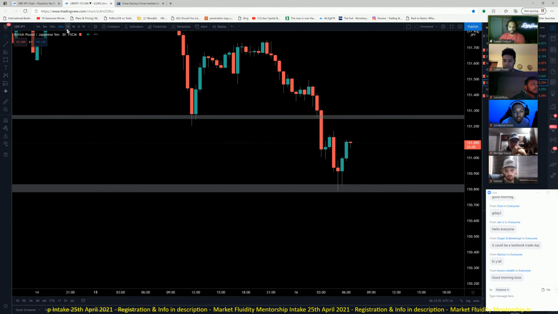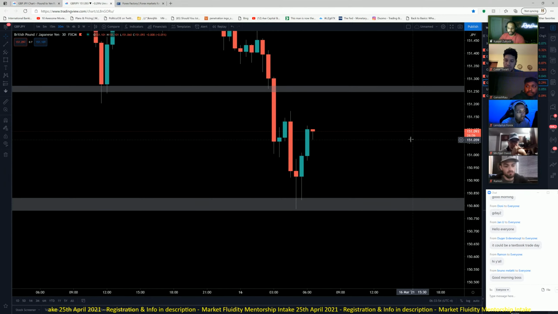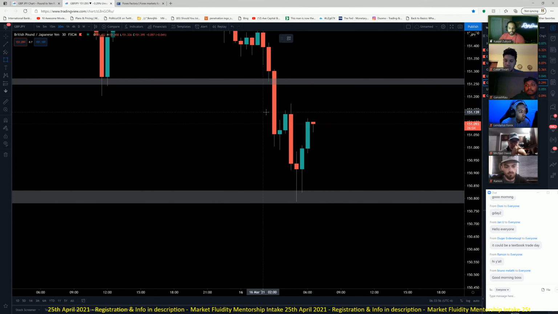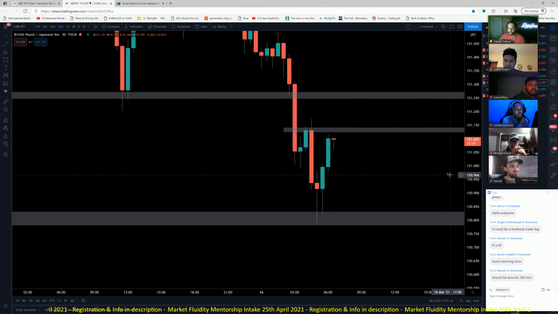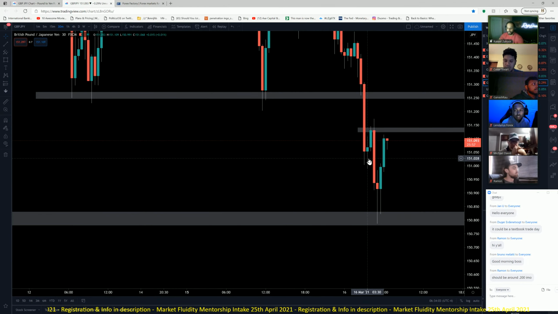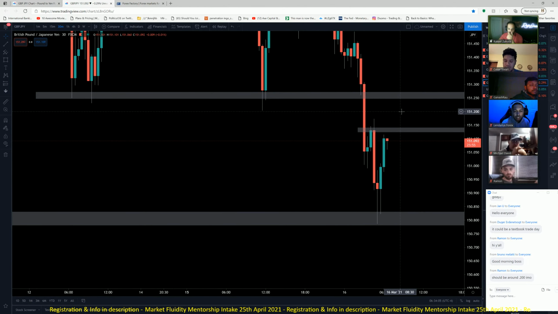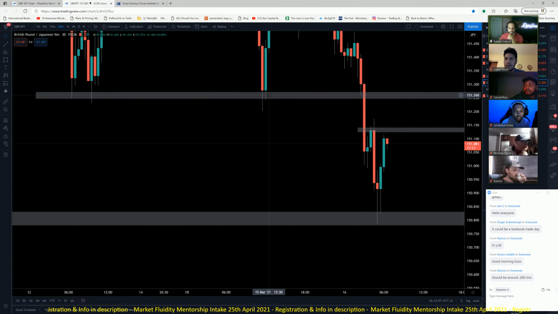And let's take a look on the 30-minute time frame. At the 30-minute, we also have this minor resistance formed at this point here as well, which may cause some sort of an issue for price to continue up. Should be around 200. But we're looking at these rejections here, because as price was coming down, passing 151.250, there was a support area here to the left-hand side, and we broke it.